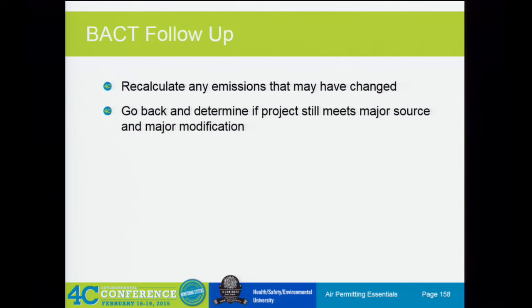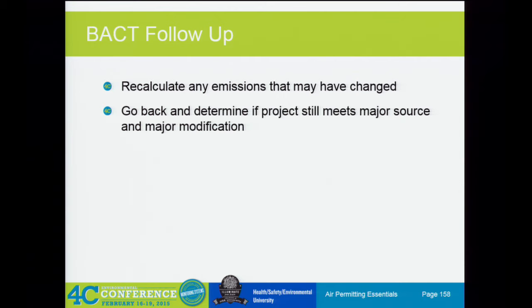So once you've determined what BACT is for your project, you want to go back and recalculate any of your emissions that may have changed. So you found out that, well, maybe my storage tank needed an IFR after all, based on BACT, and not the fixed roof tank that your process engineers decided on.